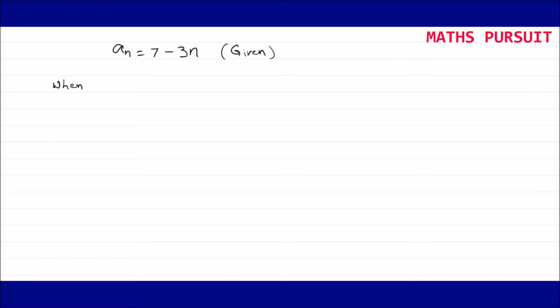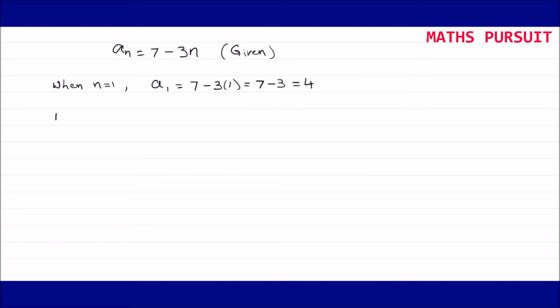You will gradually understand why I am finding the values for n is 1 and n is 25. So when n is equal to 1, I can write a1 is equal to 7 minus 3 into 1, that is equal to 7 minus 3, that is equal to 4.